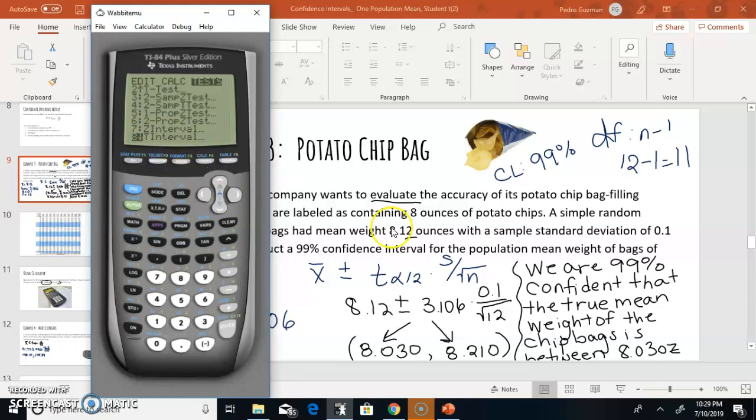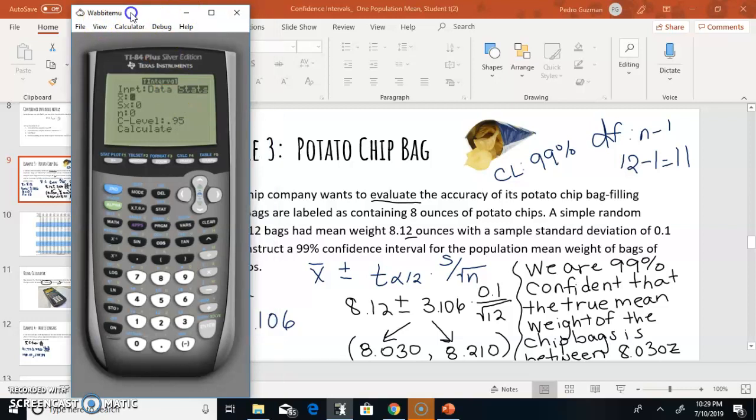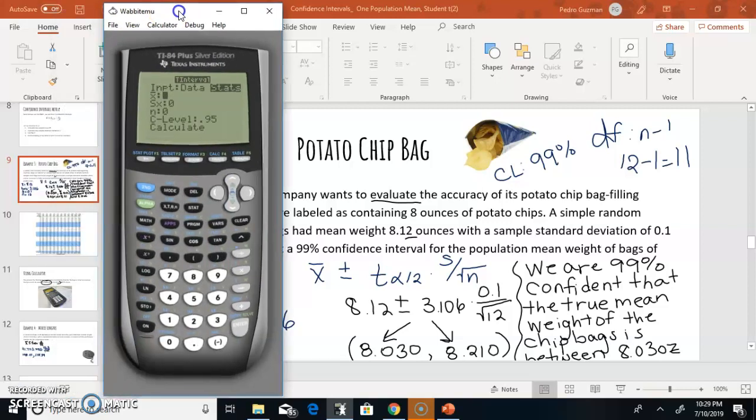Again, we're choosing this because the standard deviation they gave us was the sample standard deviation. So you can either hit the number 8 or you can scroll down to 8 and hit enter. They've given us the statistics, so we choose stat. Our x bar was 8.12.